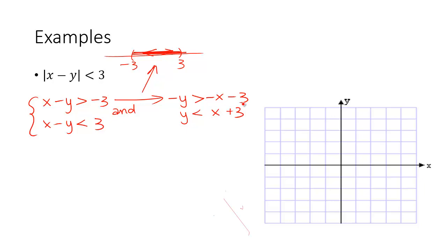To graph this, starting at 3, we move with a slope of 1 over 1, and because it's not equal to, it's a dotted line. It's going to be everything less than, implying the bottom portion, but you can always check a test point like 0, 0 to see if it's true, and yes it is.